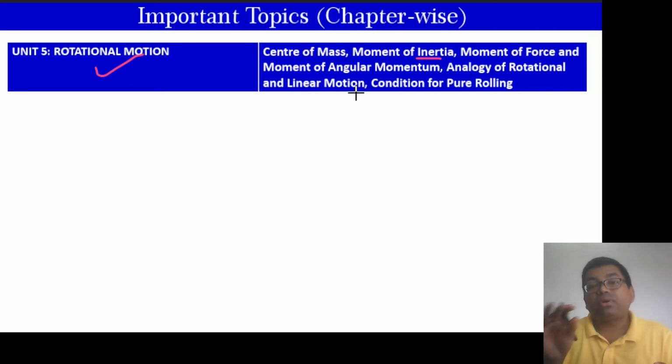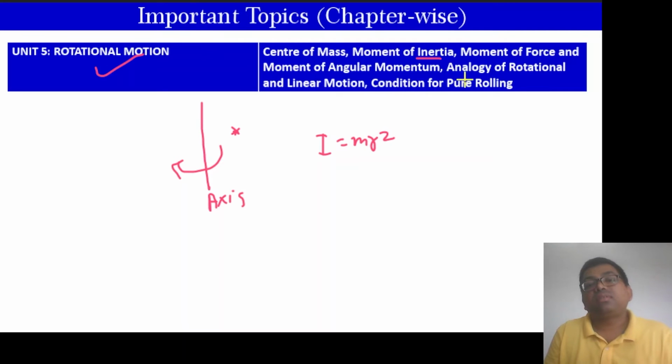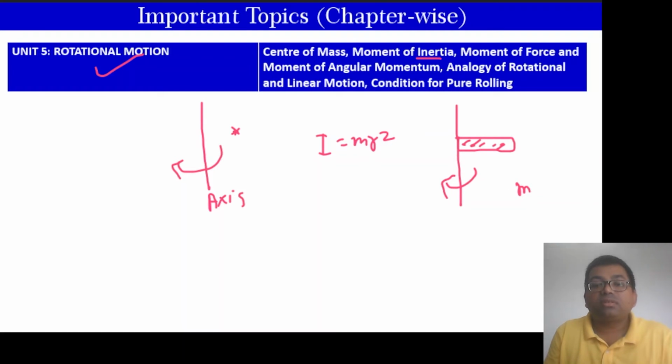Okay, for point masses which are rotating about an axis, for continuous bodies which are rotating about an axis, so many results are there, like point masses rotating about the axis, so I is equal to mr square. Then if there are various bodies like a rod, a continuous rod, mass is distributed, rotating about the end, ml square by 3.